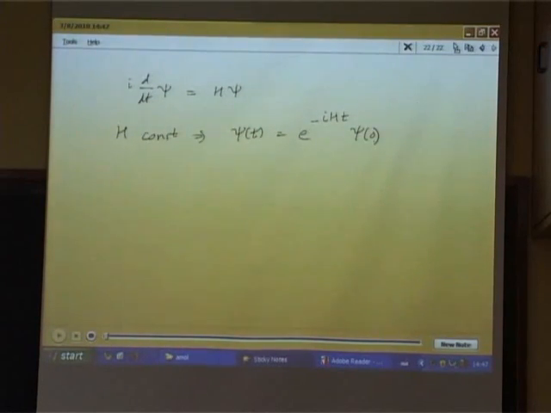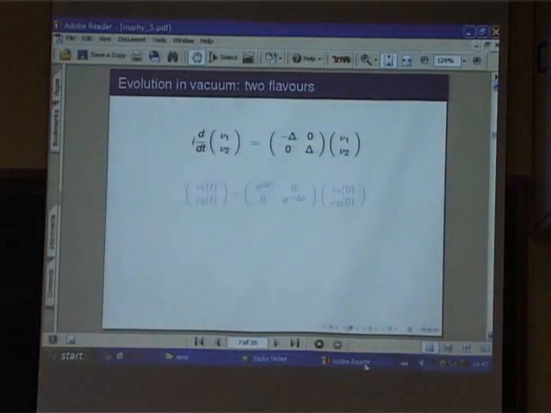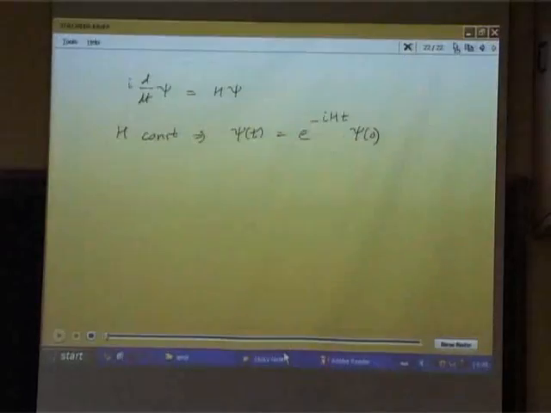This is the simplest kind of evolution equation that you can solve. So I apply the same thing to this Schrödinger's equation. So what does it look like? I have to take e power i times this quantity times time.